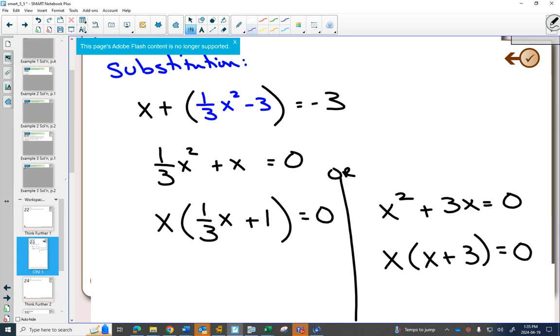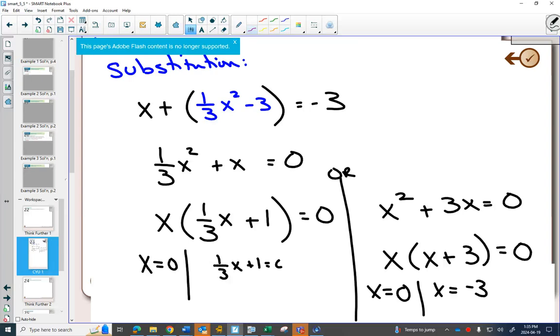But the nice thing about the right-hand side is what makes this 0. x could be 0, and x could be -3. If I split this one up, you get the x equals 0. Can you see this is a little bit more mental math to figure out? And sometimes people actually write out the little equation. 1/3x plus 1 has to equal 0.